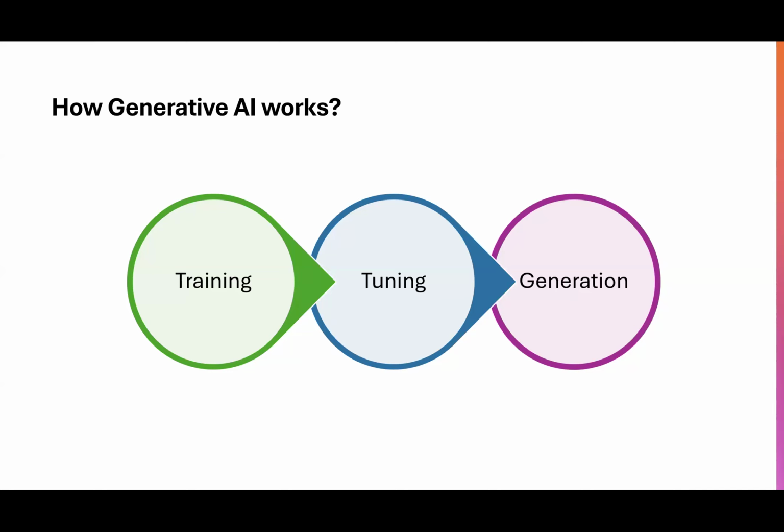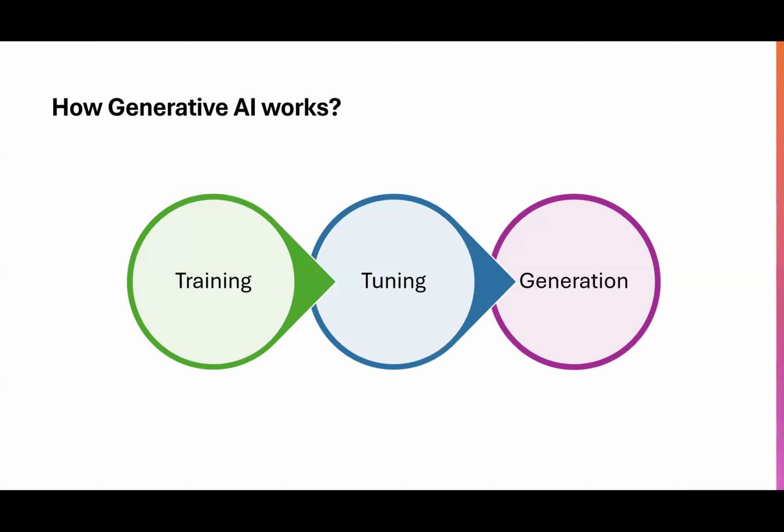The second phase is tuning. When we use the foundation model as a specific generative AI application, this model cannot generate specific types of output with the desired accuracy. So the model must be tuned to a specific content generation.